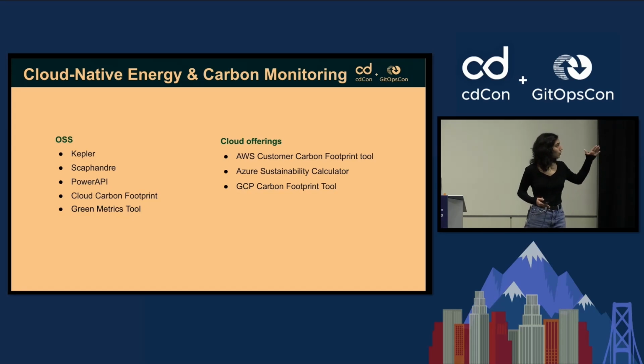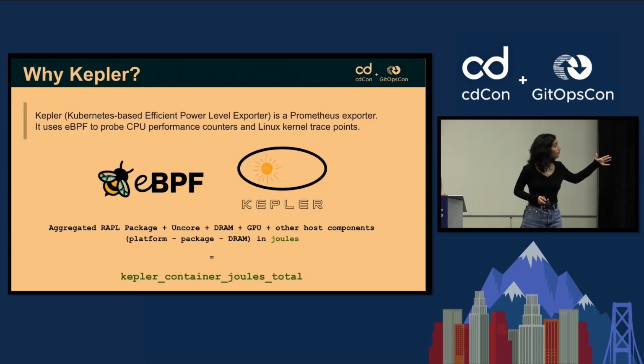On the open source side, there's still a lot of guesstimating, but Kepler is what we're going to look at today. It's an eBPF-based tool. Kepler stands for Kubernetes-based Efficient Power Level Exporter, and it's a great acronym as well.